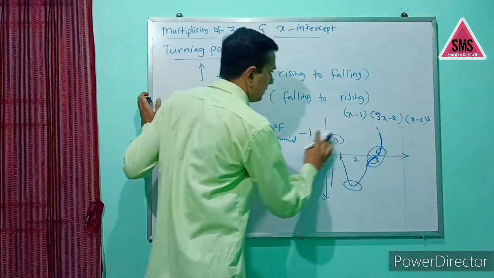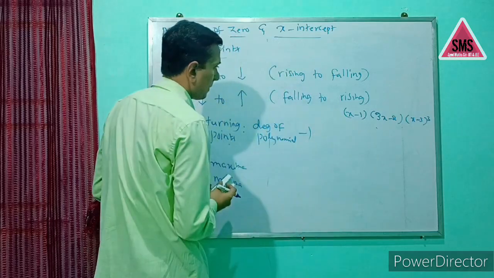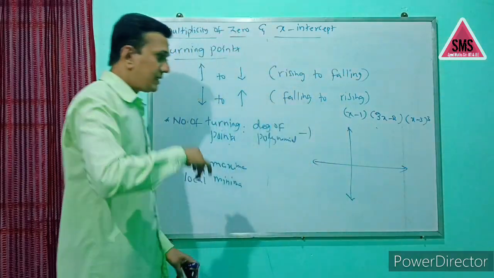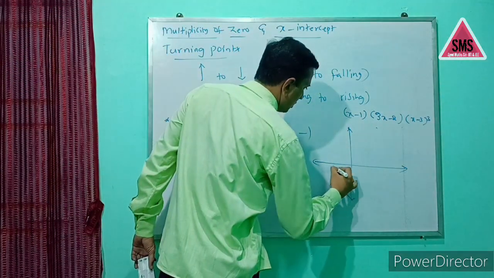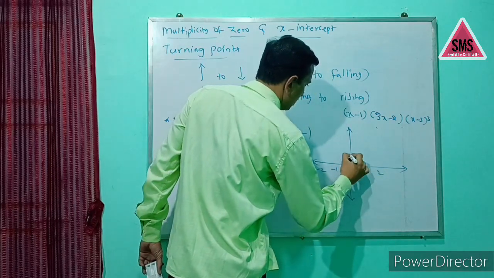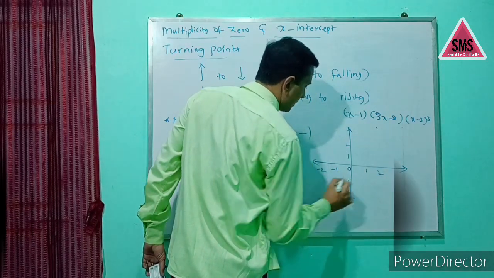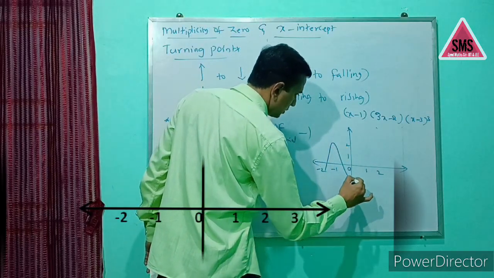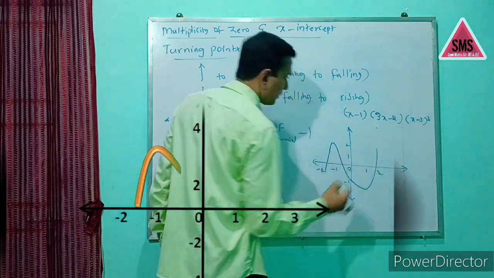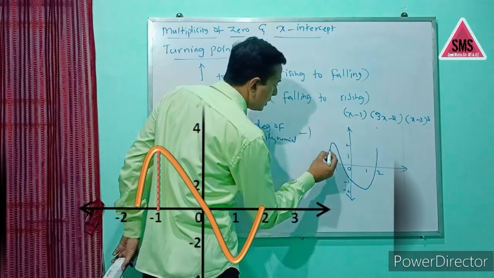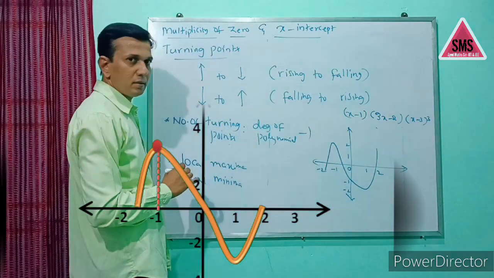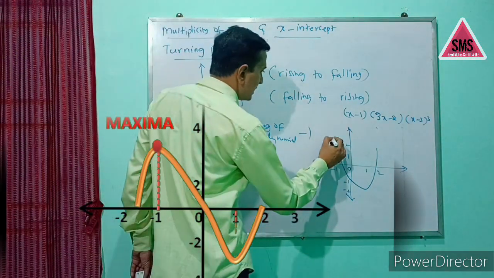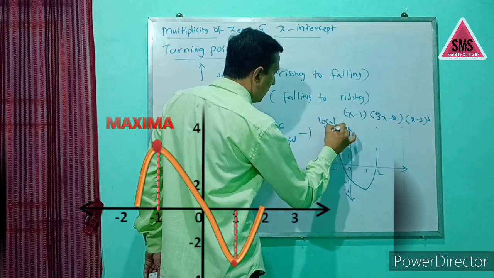Let us take one more graph here. This is a graph. Let us scale. Think that we have a curve like this. So what will it indicate? At this particular turning point, the curve is reaching the peak position. This is called local maxima.